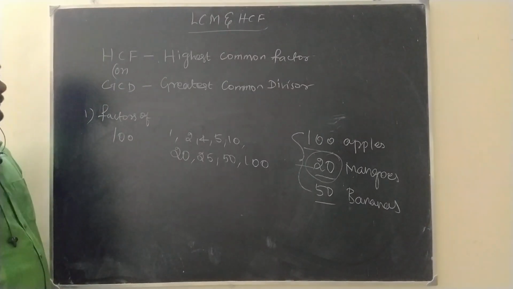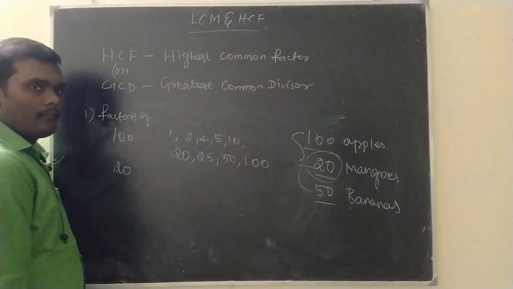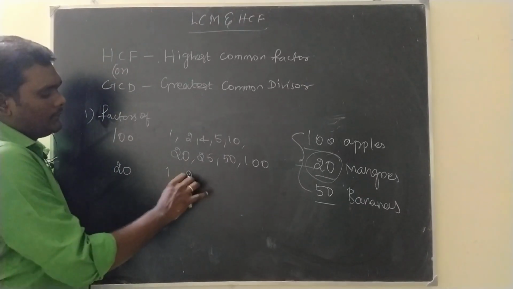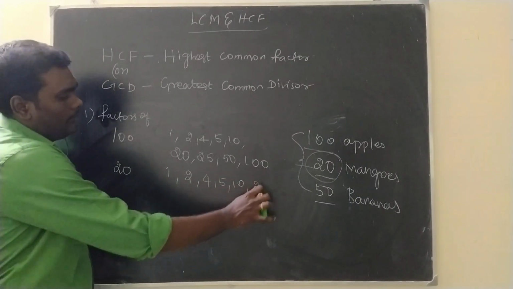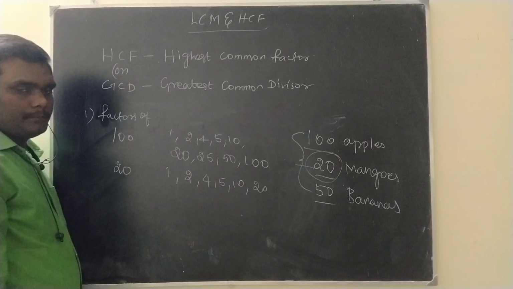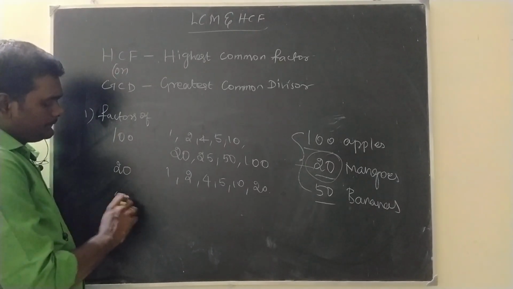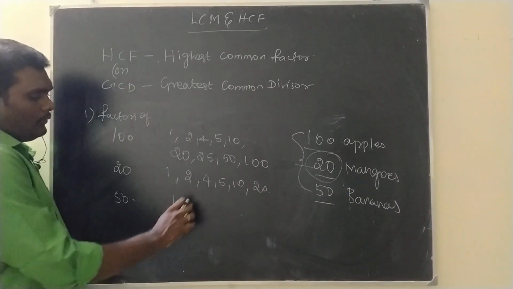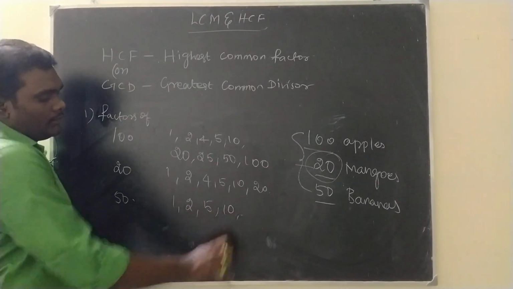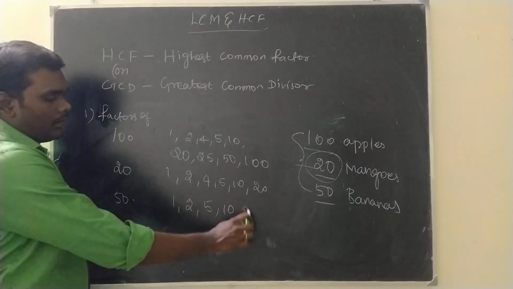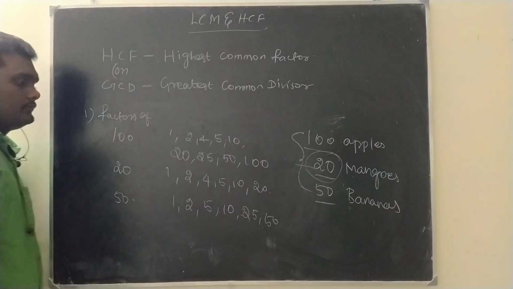Then the factors of 20: 1, 2, 4, 5, 10 and 20. And the factors of 50: 1, 2, 5, 10, 25 and 50.